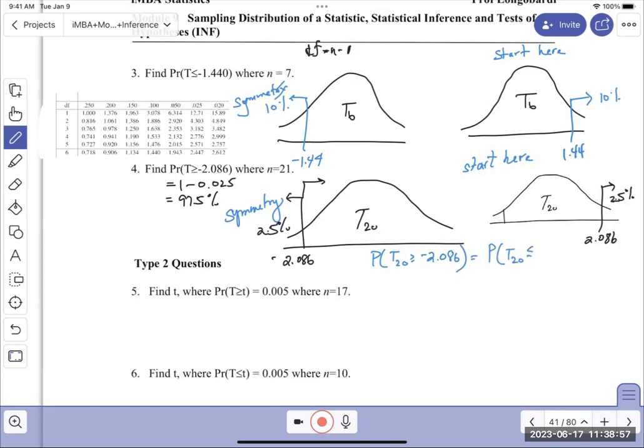If I change the sign and the direction, I get the same answer. So the direction would be going left over here, which should give me the answer right away.